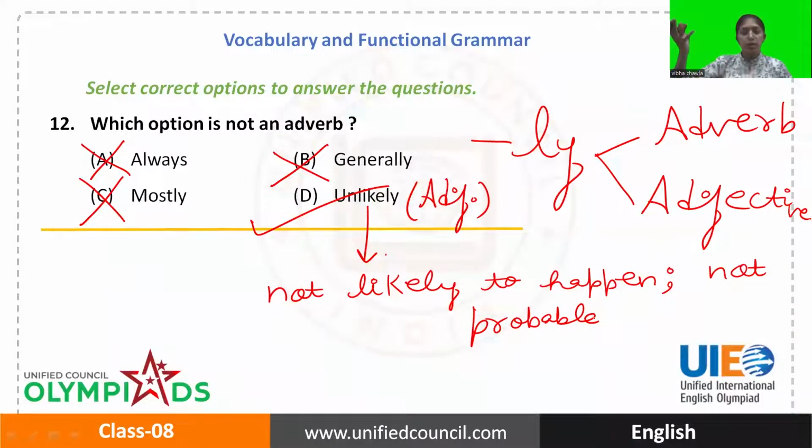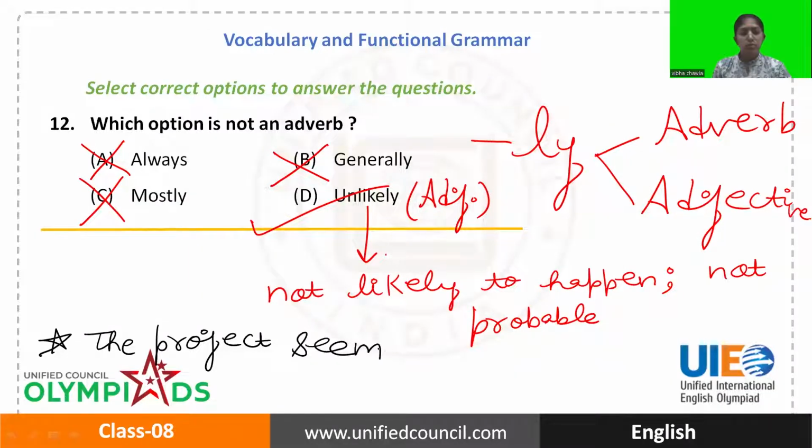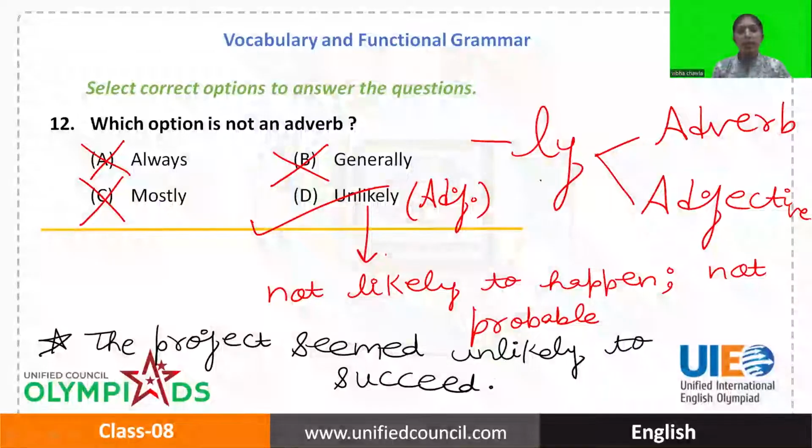You can say, for instance, the project seemed unlikely to succeed. Okay. So it is option D, unlikely. That is not an adverb.